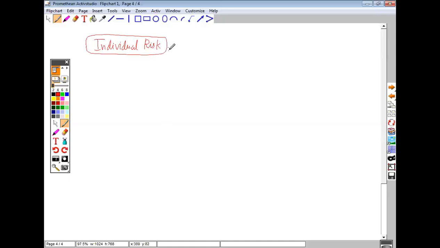And here you will be looking at a loss from each individual contract. Thus the name individual risk. So let's say if I'm writing my S_n, it will be written as X1 plus X2 up until X small n. So over here, each of these X's represents the loss amount from that particular contract.